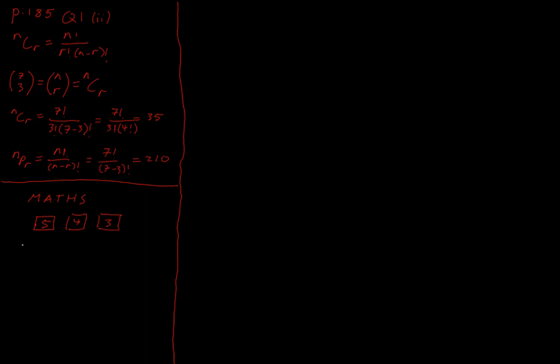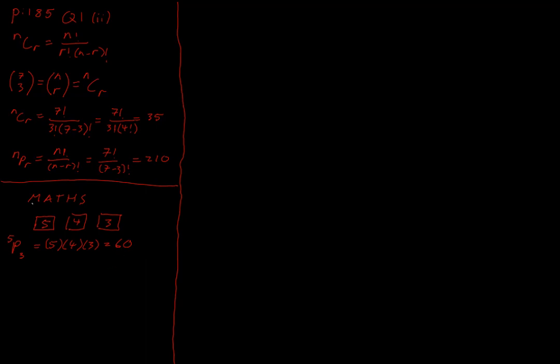So again, for my permutations, I'd have 5 letters, and I'm going to arrange 3 of them. So take 3 of them, and that's going to end up being 5 by 4 by 3. We've done this the last day. And you get 60 different arrangements that you could have.